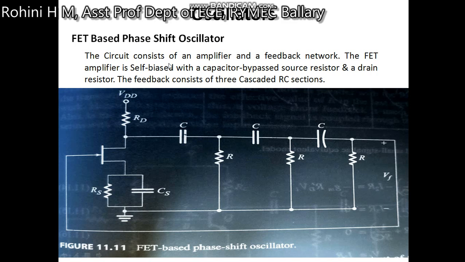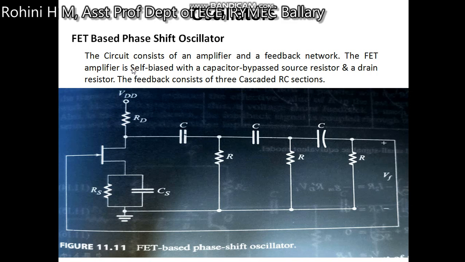The circuit consists of an amplifier and a feedback network. So it consists of this FET and a feedback network. As you can see here, here is the output, and from the output we have a feedback circuit here. The output is given back to the input terminal. So this is the feedback.